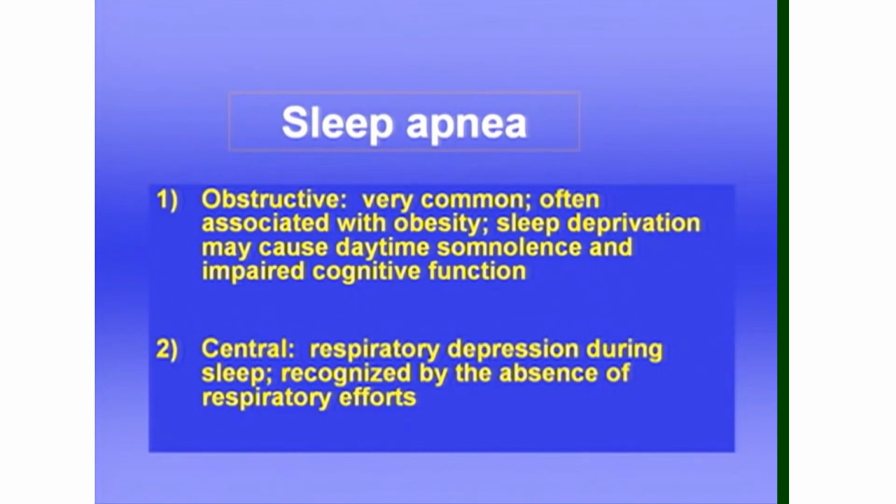You can distinguish between these two types, because if you make measurements of electromyograms of the respiratory muscles, you can see that during obstructive sleep apnea, the subject is trying to breathe. The respiratory muscles are working hard against the obstruction. But in central sleep apnea, that's not the case. There is no obstruction, and it's of central origin.